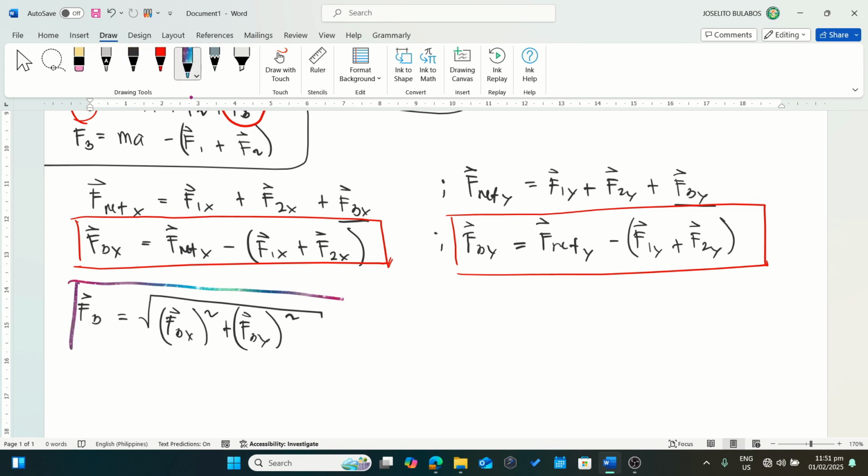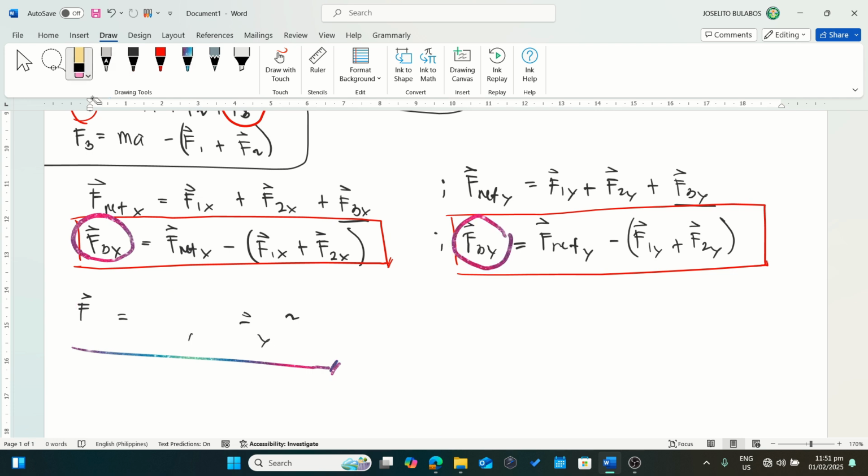This will be our equation in solving for F3. But before that, we have to solve our F3X and our F3Y. So let us first solve that one.